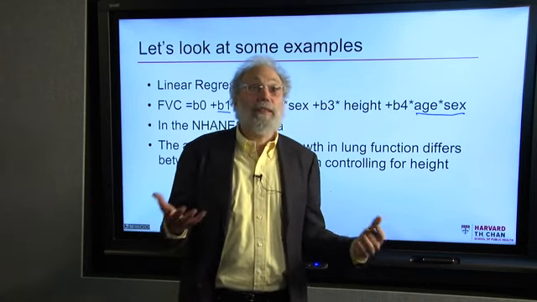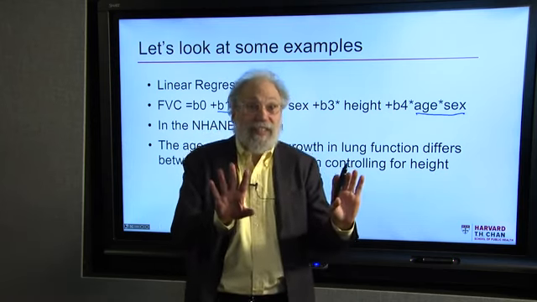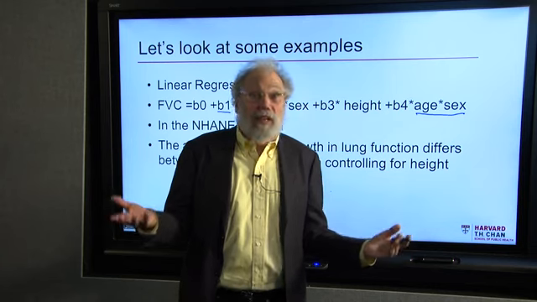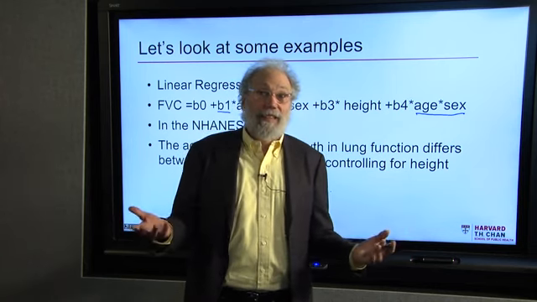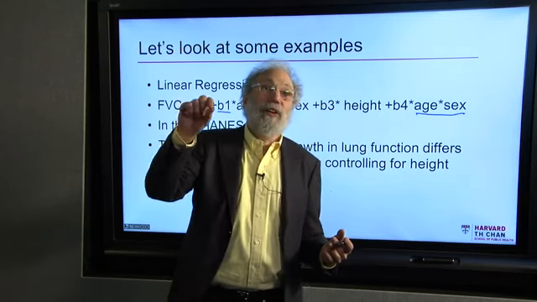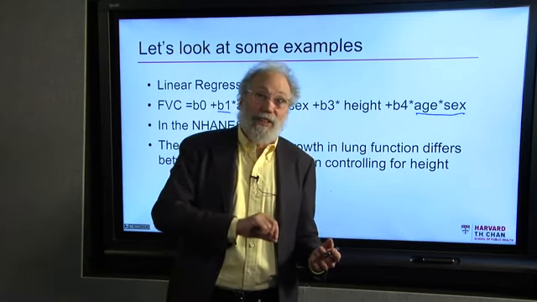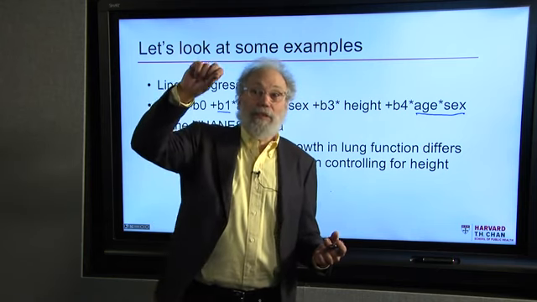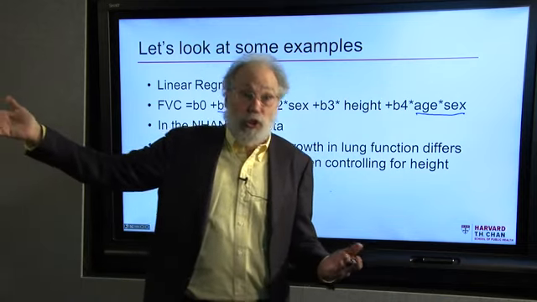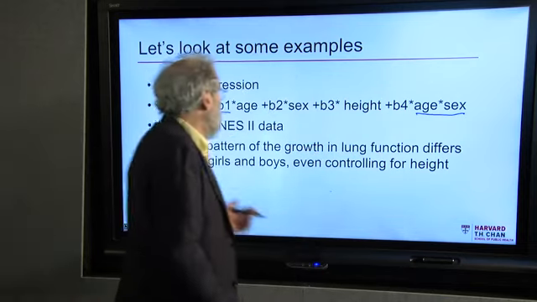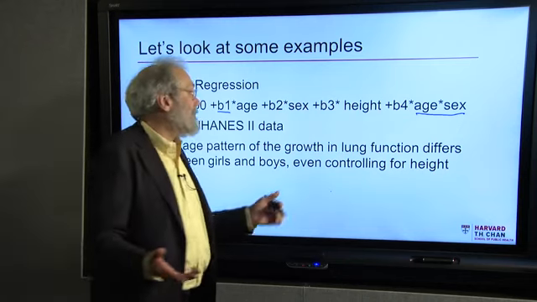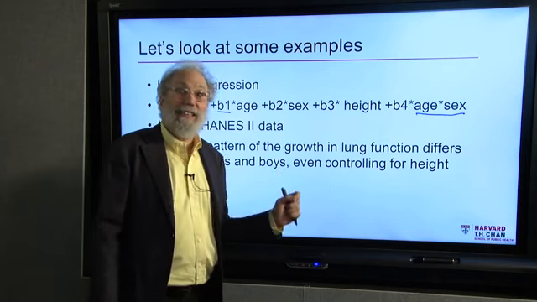They hit their growth spurt sooner, on average, and therefore it seems pretty plausible that there's an interaction between age and sex, that the rate of growth of lung function in girls picks up sooner and then flattens out, stops growing sooner as well. So that's a way to test that hypothesis, and you can do that in the NHANES data that we've given you.